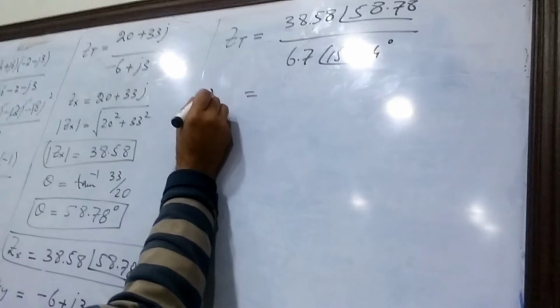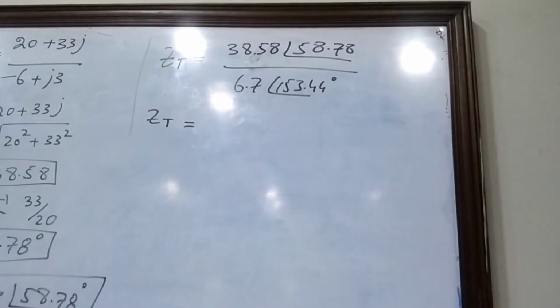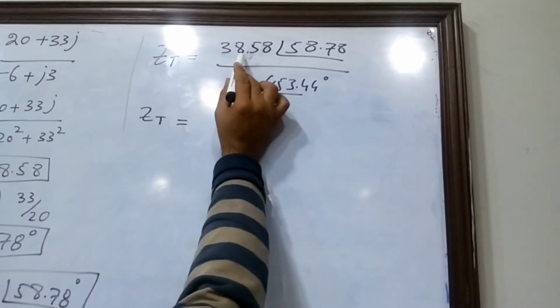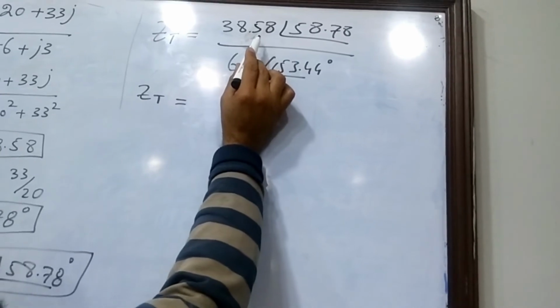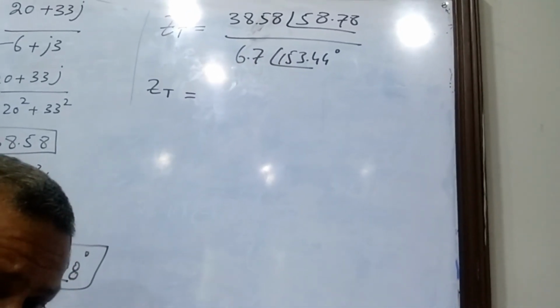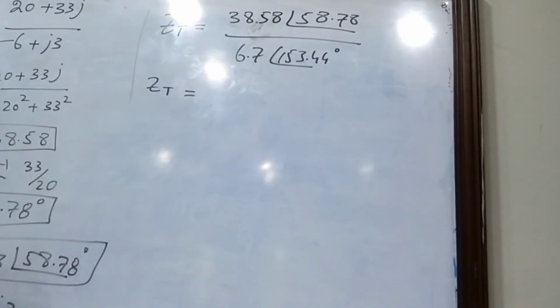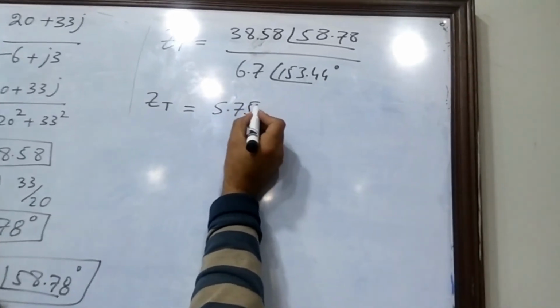How much is 38.58 divided by 6.7? It is 5.75.